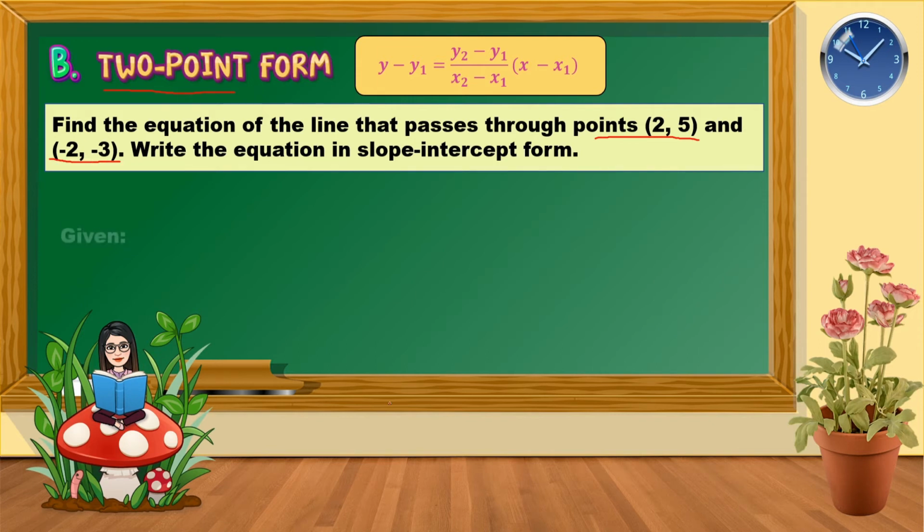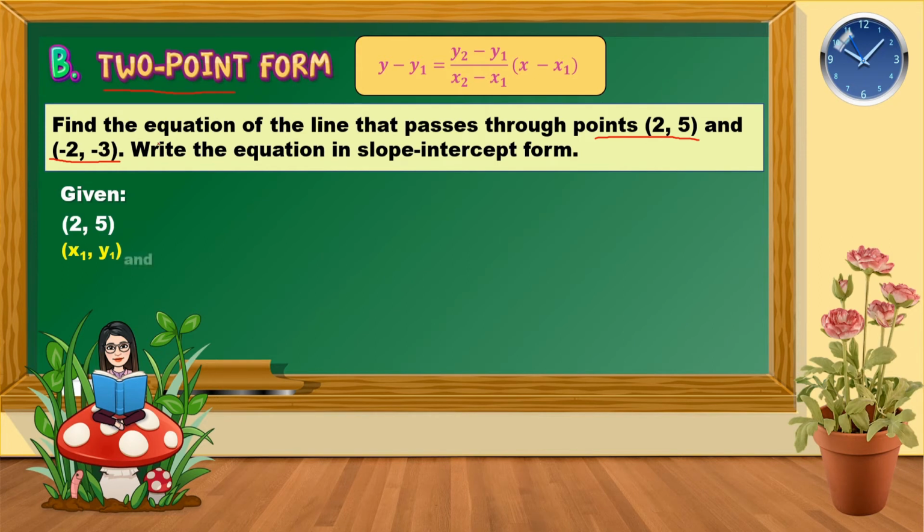So, let us write the given. We have 2, 5. Since we have 2 points, meron tayo dito mga x sub 1, y sub 1, x sub 2, y sub 2. So, ibig sabihin, may mga first point or second point tayo, di ba? So, 2, 5 is our first point or x sub 1, y sub 1.